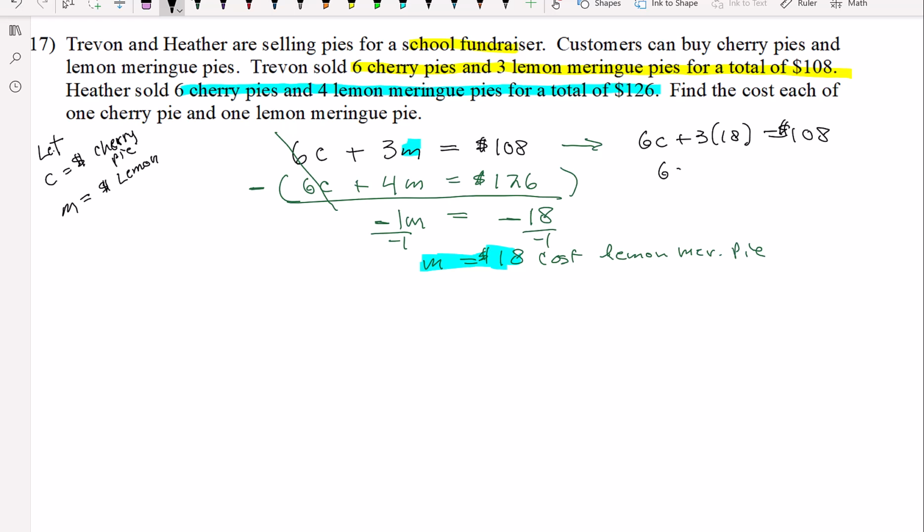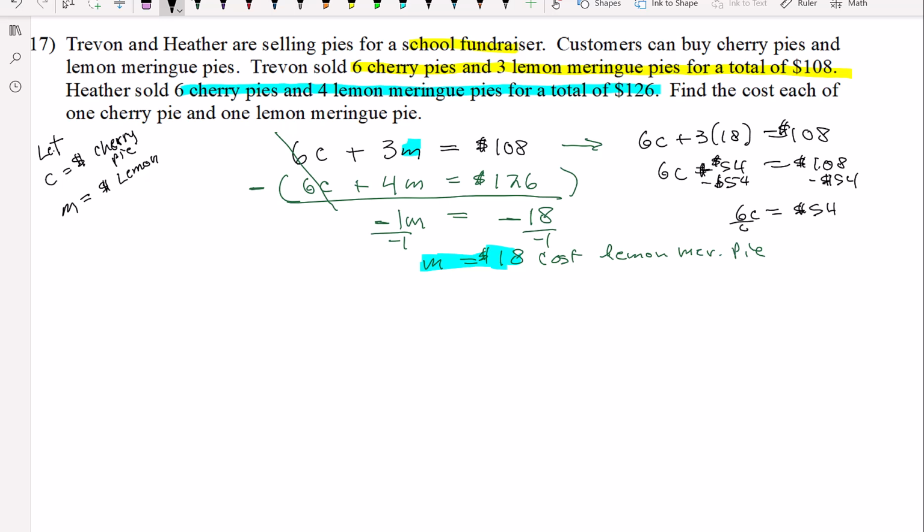So let's do this. And this is dollars. So we're going to just subtract the $54 from both sides. And so that should leave $54.